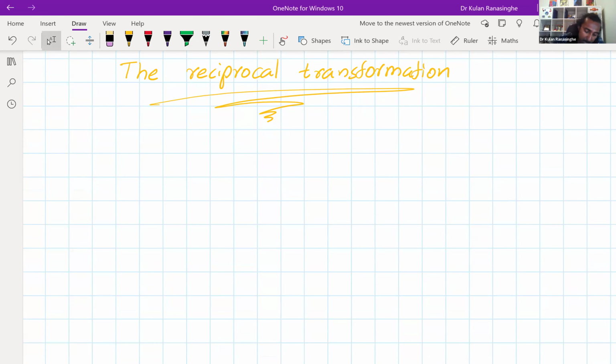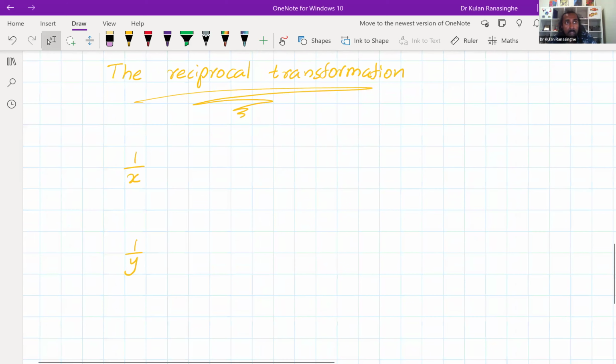Okay. For this case, we are going to look at either 1 on x or 1 on y. So the 1 on x, we have to look at depending on how the data is scattered. Again, if the x and y have a similar... let's make it a little bigger.